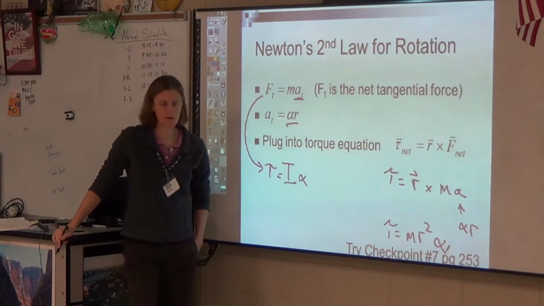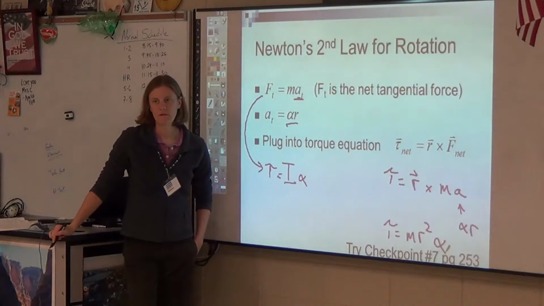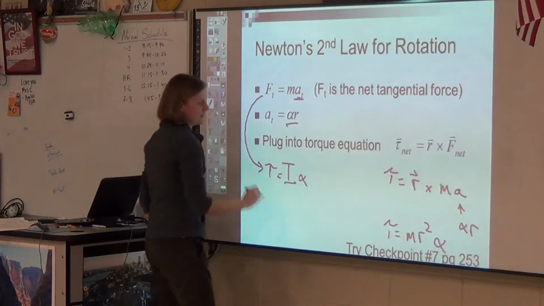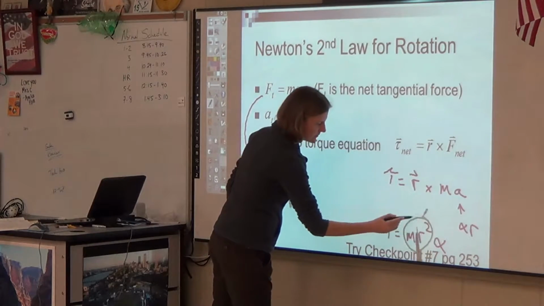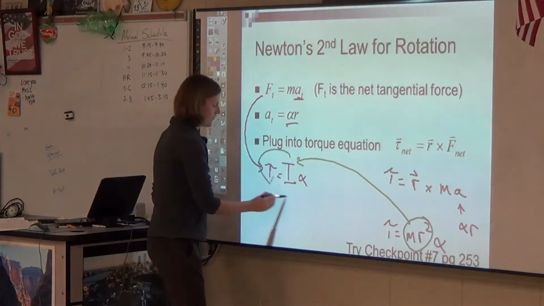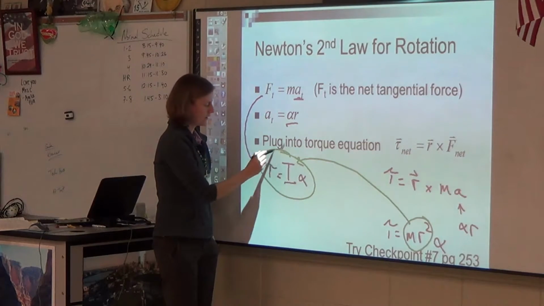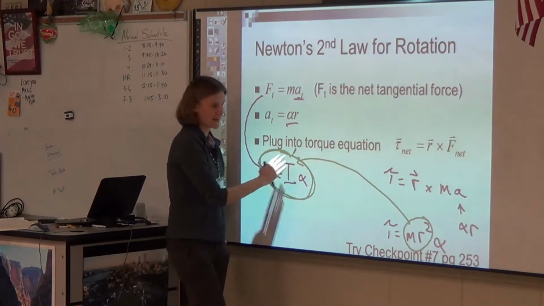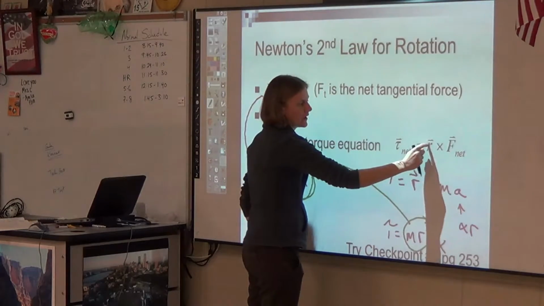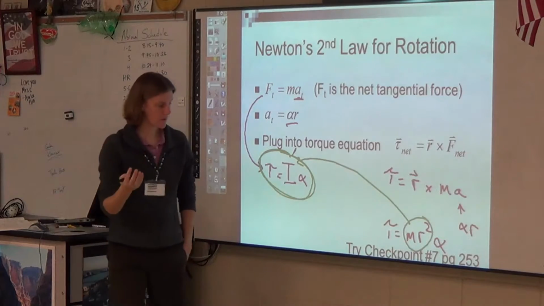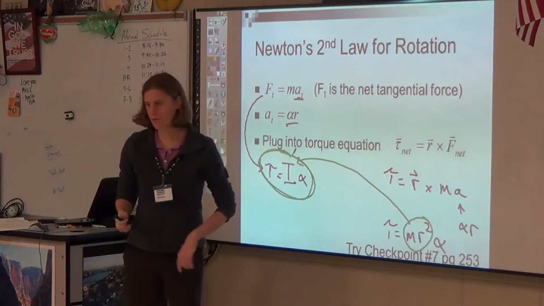But what is mr squared? Inertia. That is the moment of inertia, as long as we're talking about a point mass. So anyway, this is the formula, the other formula you need to know. And we will spend a little bit of time combining these two formulas, R cross F and then I alpha, since they both equal torque. All right, real quick to 253.